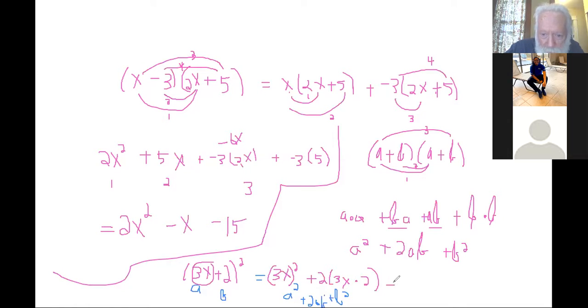And then you square the last one. So you would end up being 9x squared plus, I think where I'm getting confused is the 2 parentheses 3x times 2.